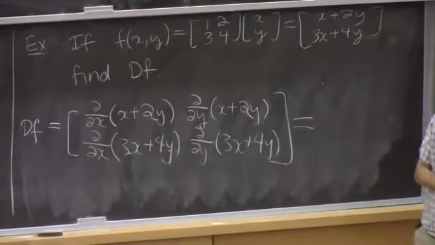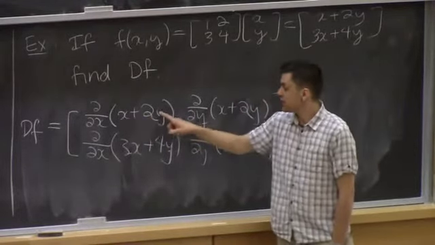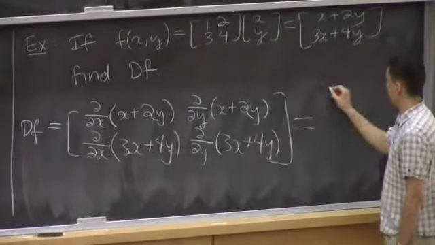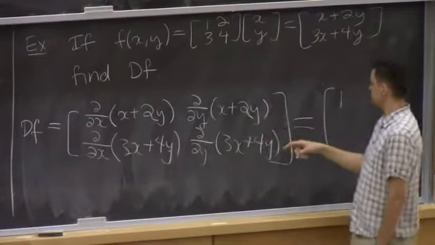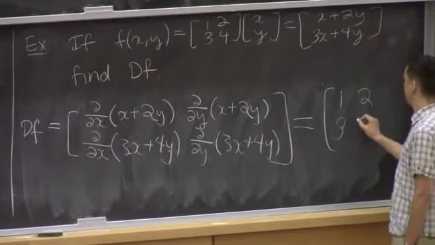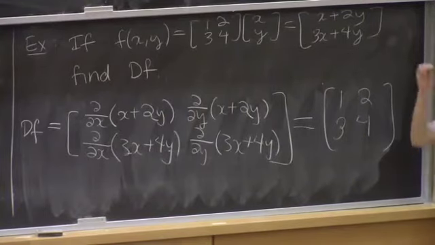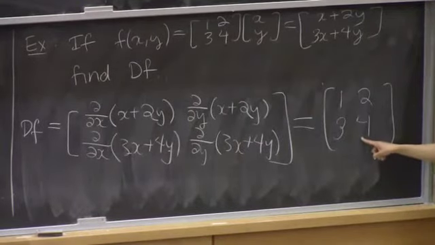Now I calculate each of the entries. Derivative of x is 1. Derivative of y is 0. Derivative now of x is 0. 2y is 2. And 3 and 4. Oh my gosh, guys, the math works out. This guy has, as its derivative, itself.